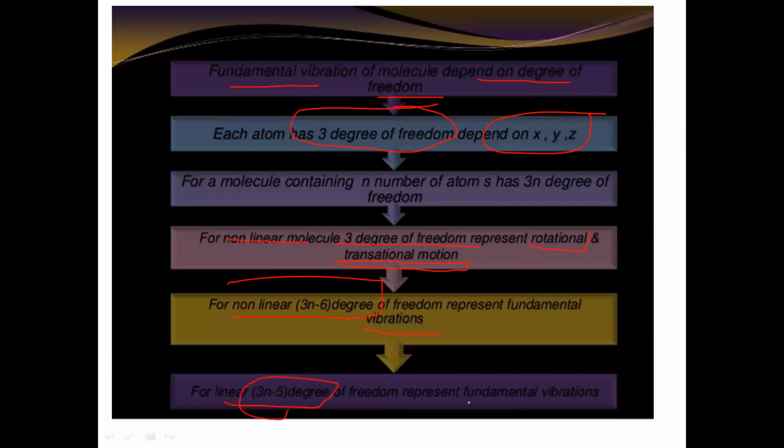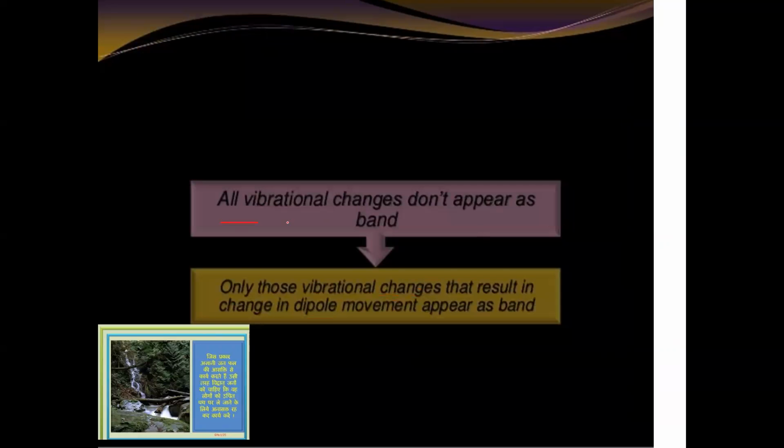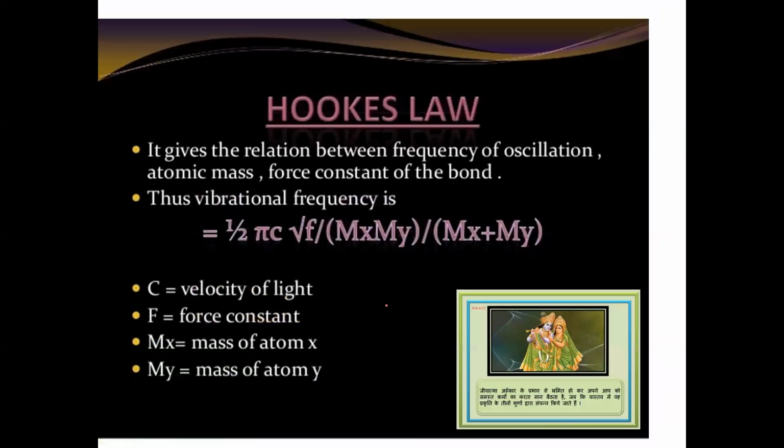So all vibration changes don't appear as a band, and only those vibration changes that result in a change in dipole moment appear as a band. This is the necessary condition: change in dipole moment. If the dipole moment changes, then vibrational changes will occur.